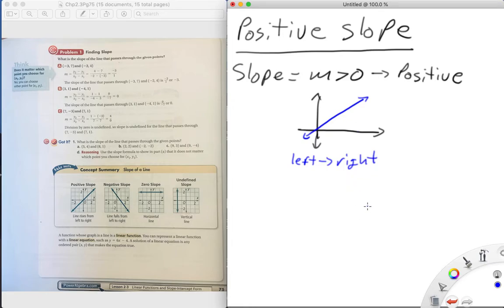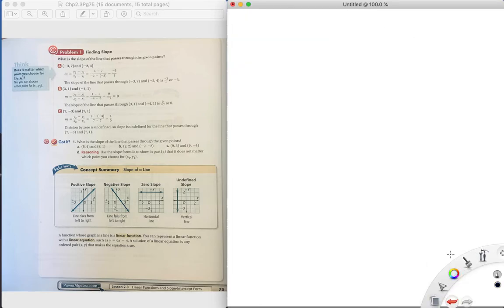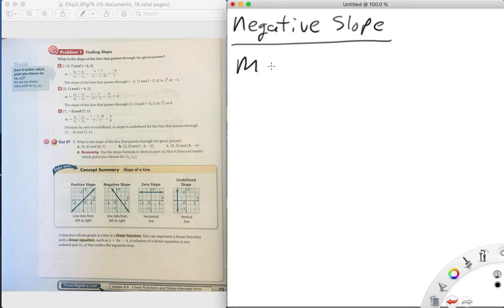Then we have negative slope. With negative slope, your slope is going to be less than 0.